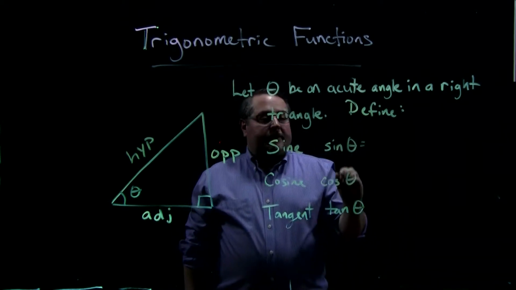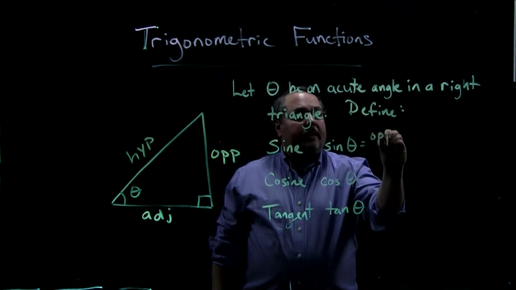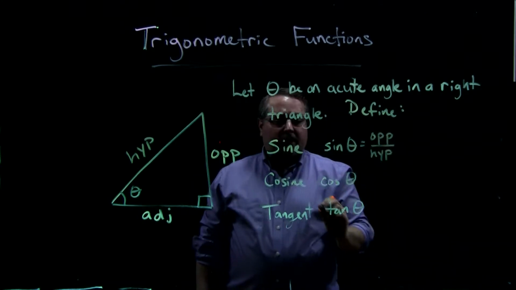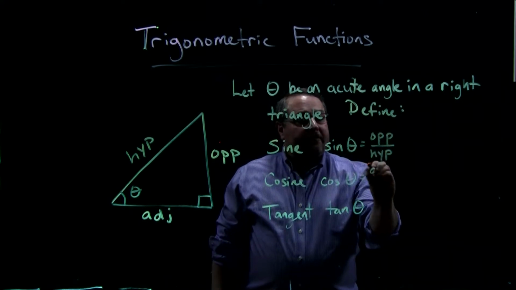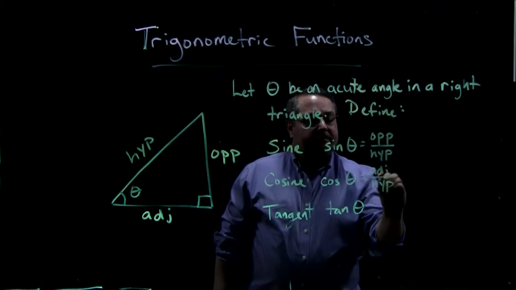And the sine of theta is going to be defined as the length of the opposite side divided by the length of the hypotenuse. The cosine is going to be defined to be the length of the adjacent side divided by the length of the hypotenuse.